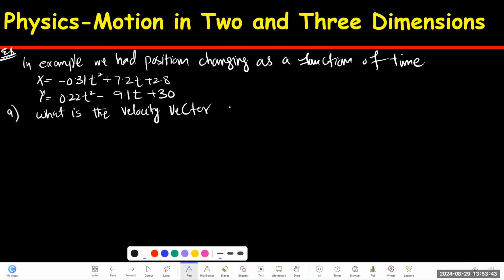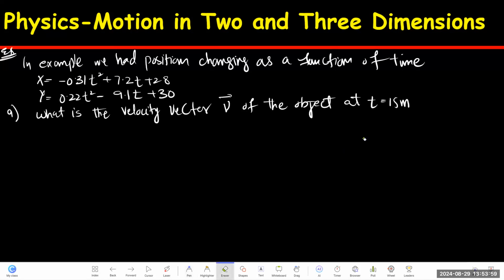A: what is the velocity vector v of the object at time equals 15 seconds? So you notice it's pretty much the same problem. The only difference is that they're asking for the velocity vector, whereas over there, you were asked for the position vector.